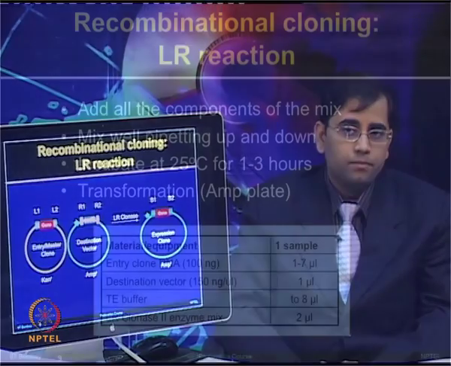The destination vector, also known as DEST, is modified to accept the protein coding sequence in frame from the master clone or the entry clone by using the recombinational cloning enzyme known as LR clonase. Once this reaction is completed, the reaction mix can be plated on the ampicillin plate, and since the vector contains the ampicillin resistance gene, it can be screened on ampicillin plates.